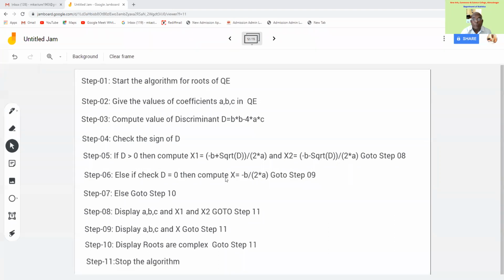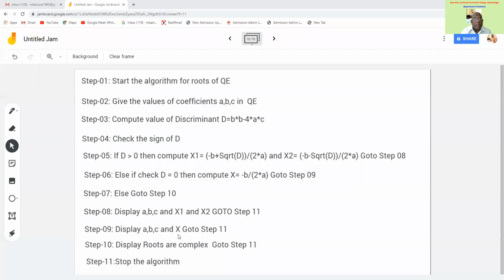And once we compute this single root, we will go to step number 9. In this case, we are skipping step number 7 and step number 8. So once we come to step number 9, it is display a, b, c, that means input, and the value of x, the single root, and again go to step number 11 to mention that the algorithm is over.